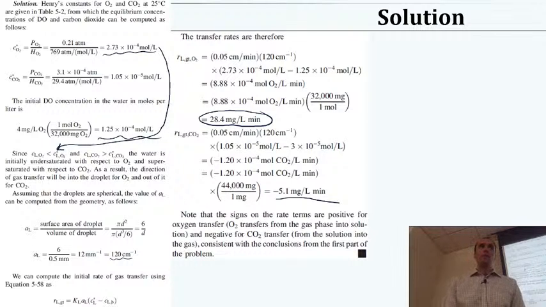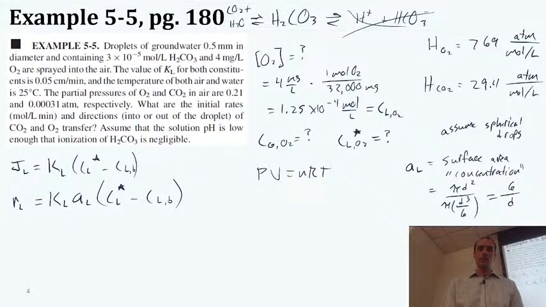Does that make sense? All right, a little simpler than I was making it out to be at first, right? But there's a lot of moving pieces in this little problem. It's like one little paragraph, and there's a lot to it.